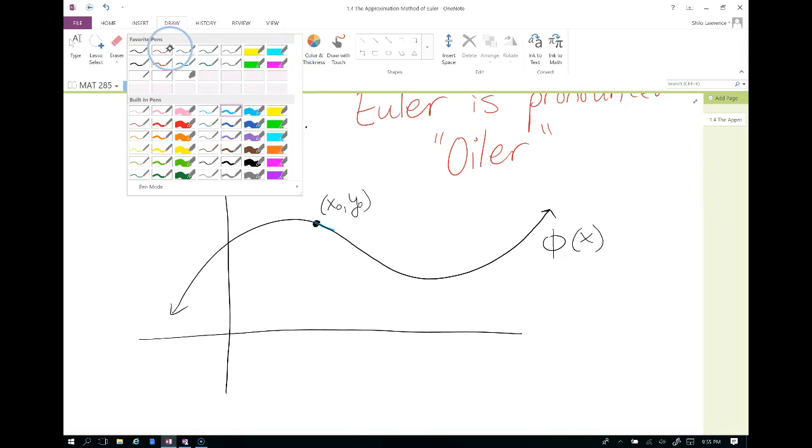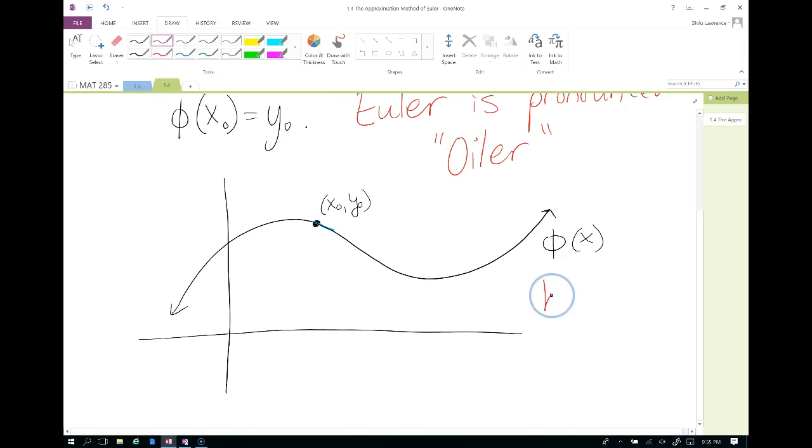and it's usually represented by h. This is the distance that we are going to follow each individual tangent slope.